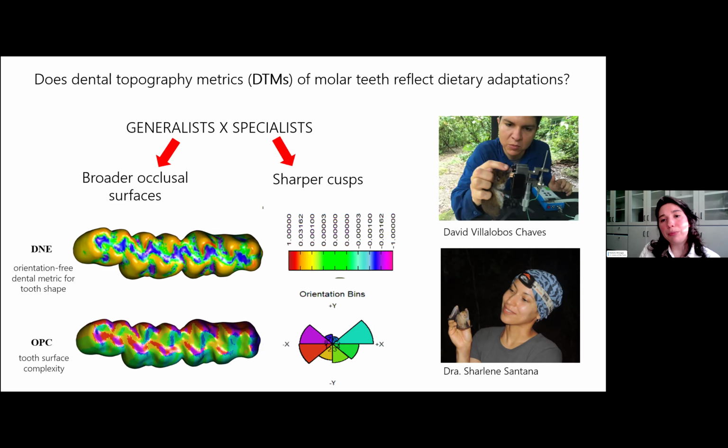These sharper occlusal surfaces seem to provide an advantage for cutting through food items with specific material properties, which are more common to specialists. Omnivorous species, on the other hand, have more complex molars with larger occlusal surfaces.